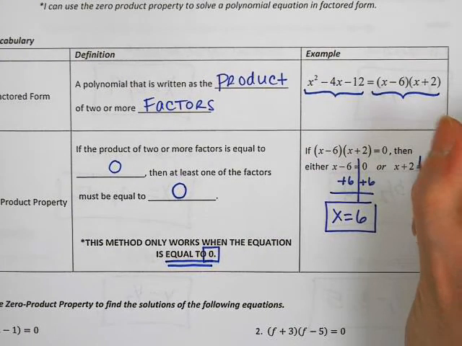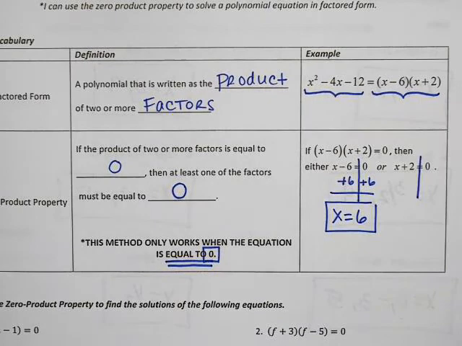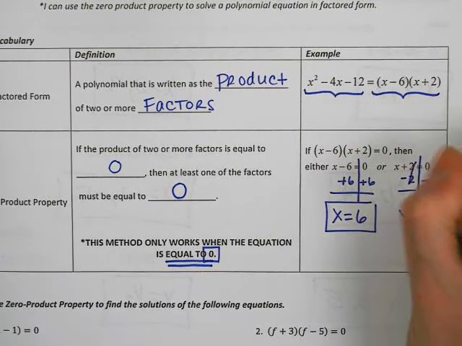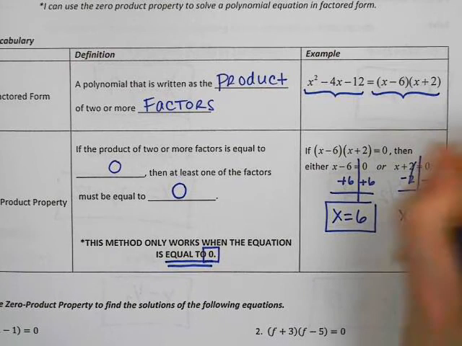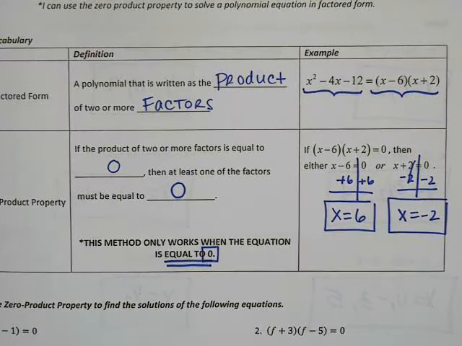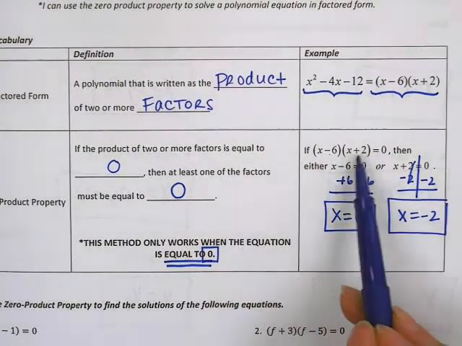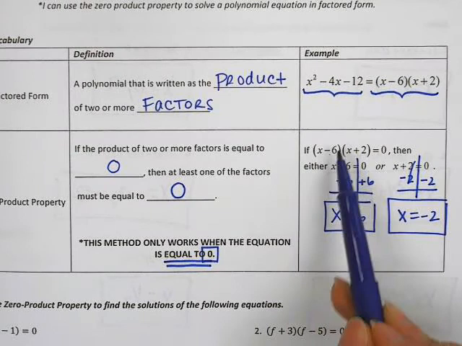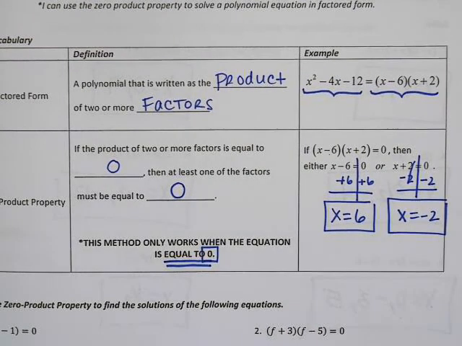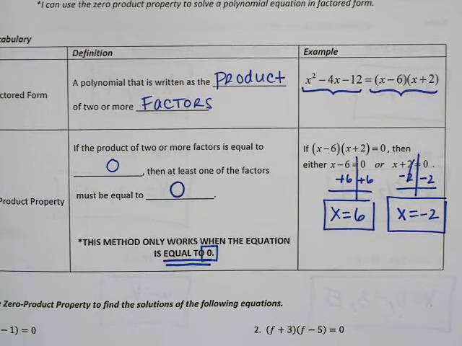And then if you draw the wall over here to solve for x and you minus the 2 over, you get x equals negative 2. So those are the two solutions to that equation. Okay, but it only works if it's 0. If you have two things multiplying to equal 0, then one or both of them must equal 0, so then you just solve it. Okay, so this is going to be a really easy lesson.